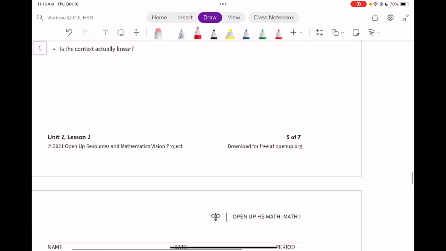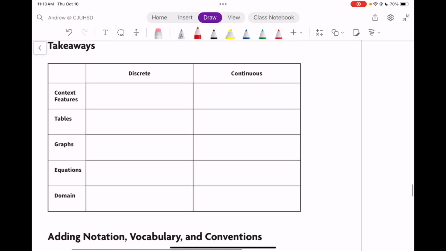Let's go down to our takeaways section. In our box here, when you have discrete, then the change happens instantly. When you have continuous, the change happens gradually.